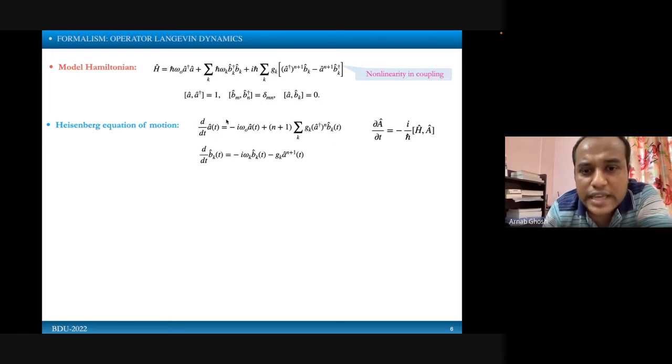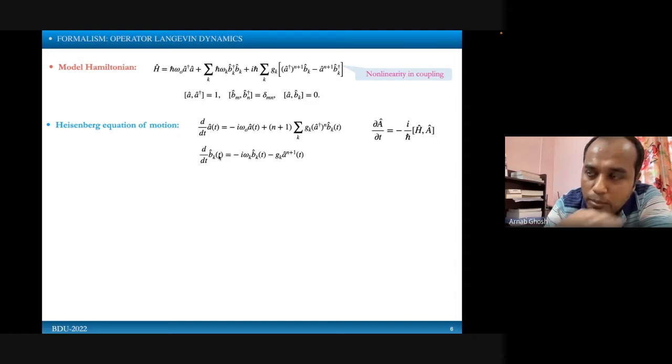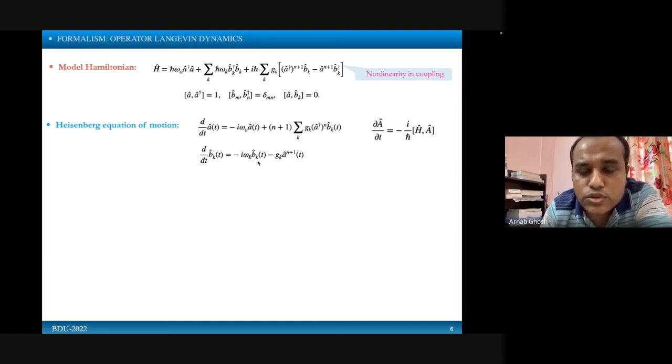The first part is again the free system evolution, and the second part is from the interactions, similarly for the bath. Now what people do in this Heisenberg-Langevin approach, where you end up eventually with operator Langevin equations, is solve these bath operator equations, plug those solutions into the first equations, and eventually write down a reduced equation of motion for the system operators.